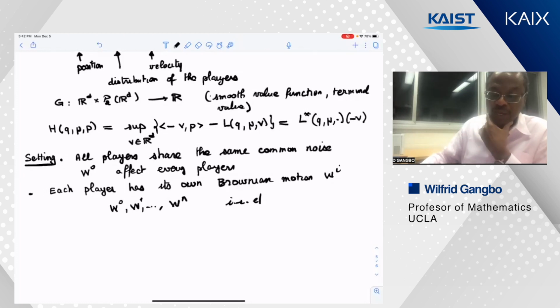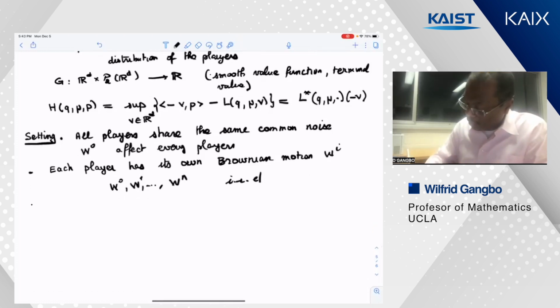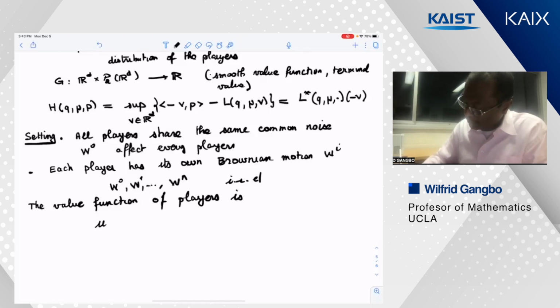I will not try to derive the equation which appears in mean field games. I am just going to write the equation and ask you to believe me that I am writing the correct equation. The value function of player i is u_i, from [0,t] cross (R^d)^n into R, to be found.